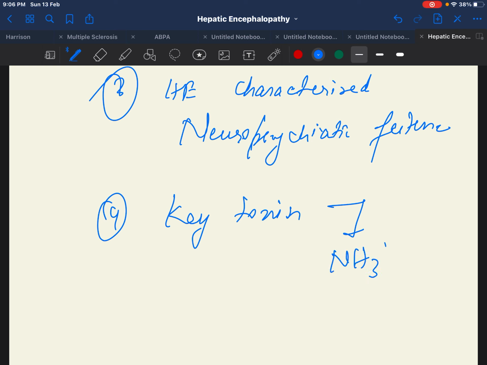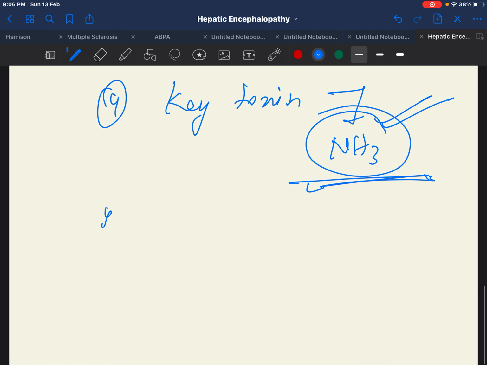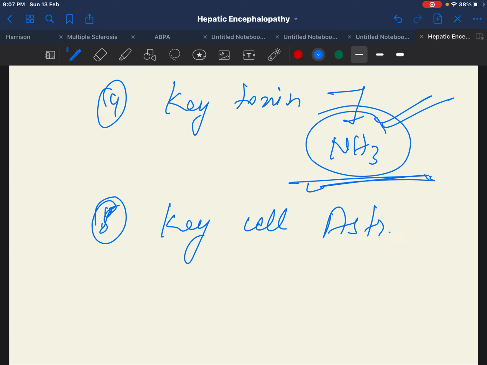There are various other endotoxins also which can lead to this condition, but the key molecule is ammonia. It leads to neuropsychiatric features and intellectual dysfunction. The key cell affected in hepatic encephalopathy is the astrocyte.